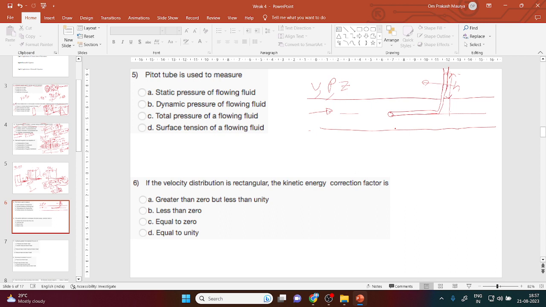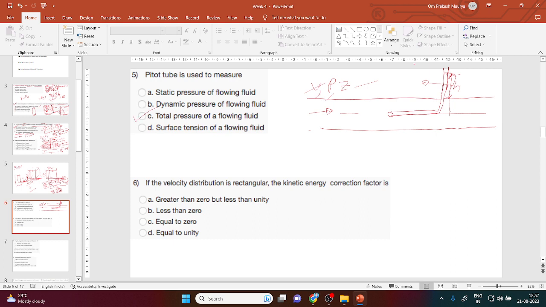So here the pitot tube measures the total pressure of the flowing fluid. Why? Because the pressure in the tube is increasing due to the velocity, pressure, and also datum. So option C is correct for question number 5.